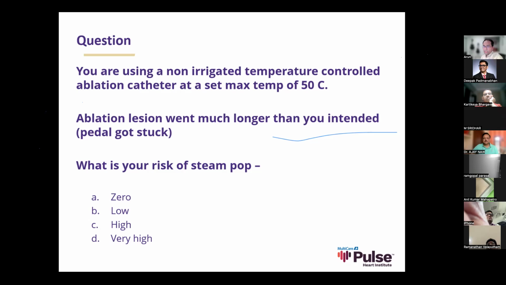Does that make sense? Is that clear? So if you're hitting that max temperature very frequently with a non-irrigated catheter, you need to drop the wattage so that you can deliver the joules slower and allow the blood pool to cool the tissue while we are delivering the joules deeper.